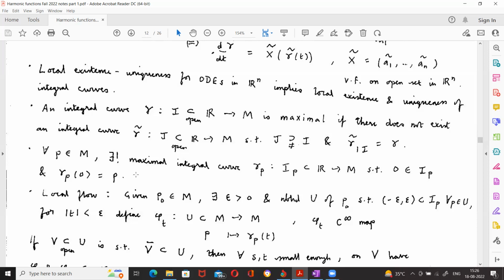So for any point, there is a unique maximal integral curve starting at that point, defined on a unique maximal interval IP.